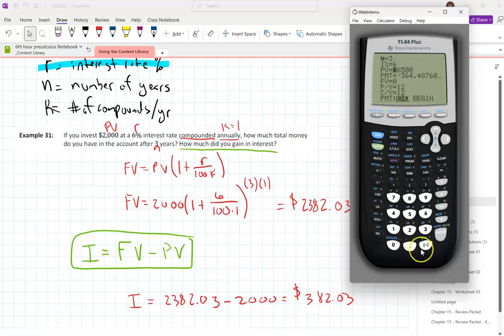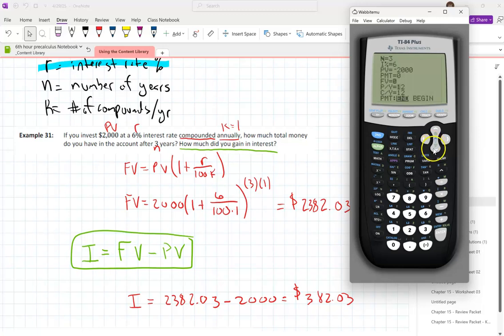Now I'm going to write this down as negative $2,000 because the TVM solver is going to think about this like a flow. If I'm thinking about this in the same way, that $2,000 is leaving my pocket and going into an investment. So it's like a negative value because that money is leaving me. We're not adding to that investment any, so the PMT is 0.